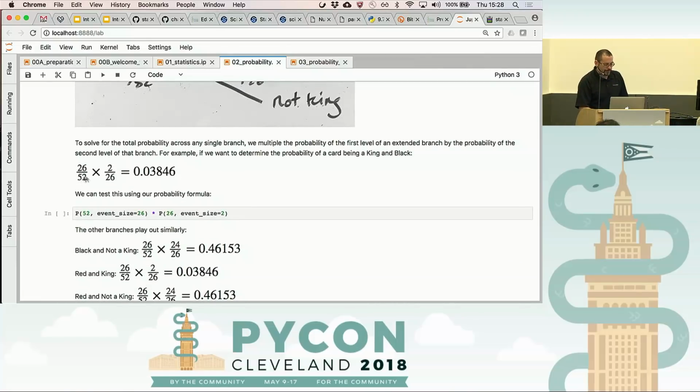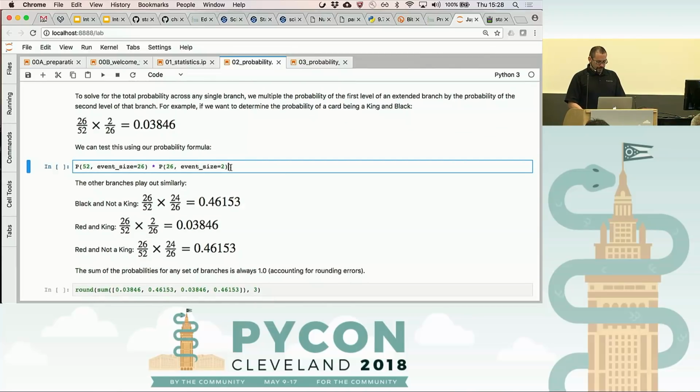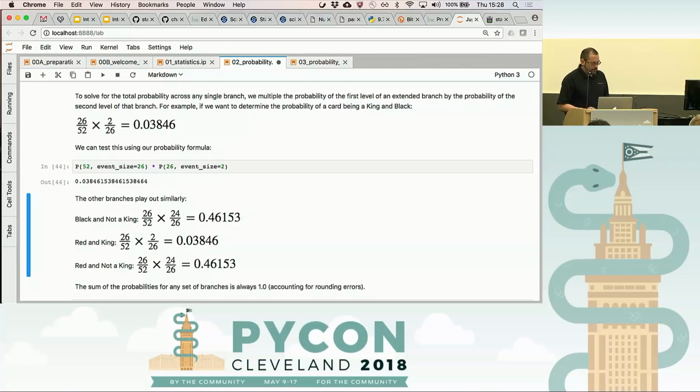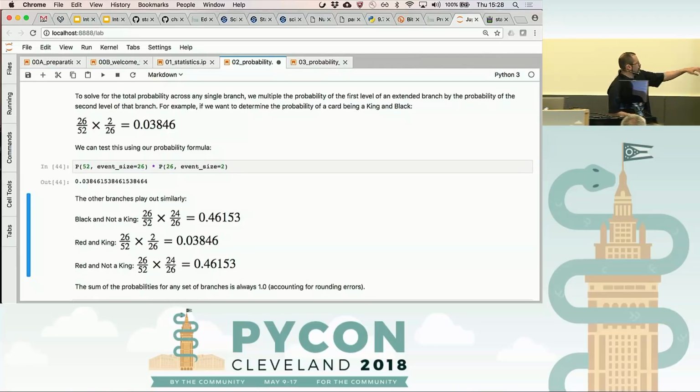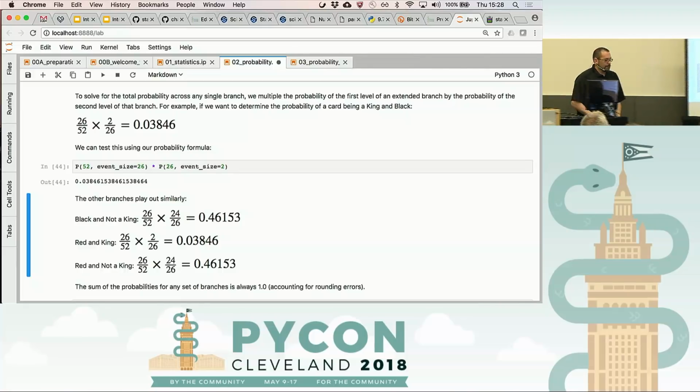So 26 over 52 times 2 over 26, and I have a roughly 3% or 4% chance of holding a black king.